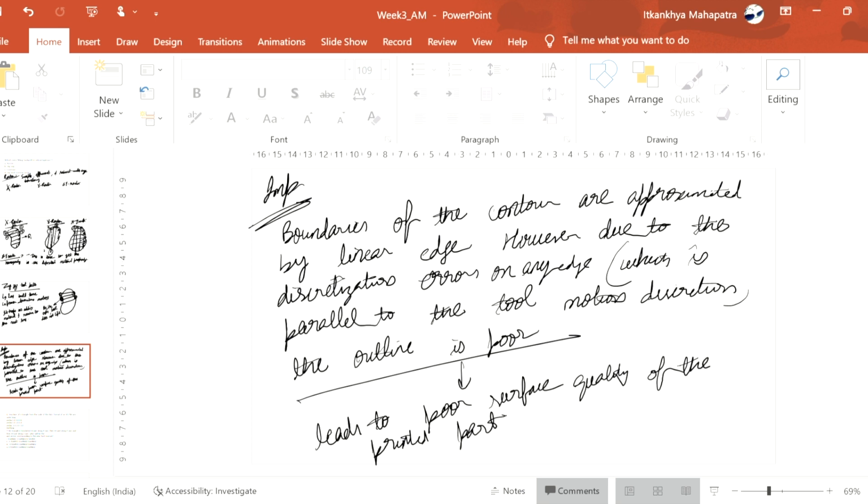Now we understood the raster path and zigzag path. Next we'll move on to the contour path.